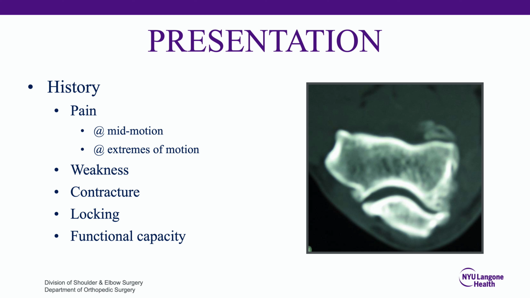If the patient has pain at mid-motion, then you're talking about arthritic changes with minimal cartilage in the articulating surface. If patients only have pain at extremes of motion, that likely means that the joint is okay, but that they have osteophytes that are pinching and impinging against each other, causing pain.